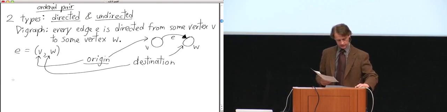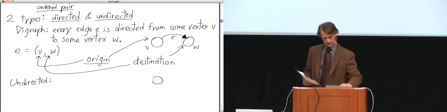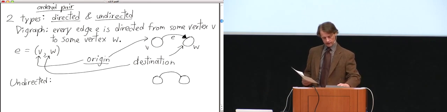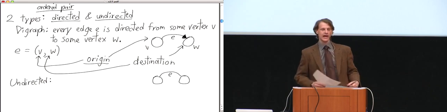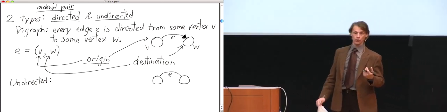Now, in an undirected graph, well, we still have pairs of vertices that are connected by edges, but now we don't draw an arrowhead. Now that edge just connects the two vertices in no particular order.